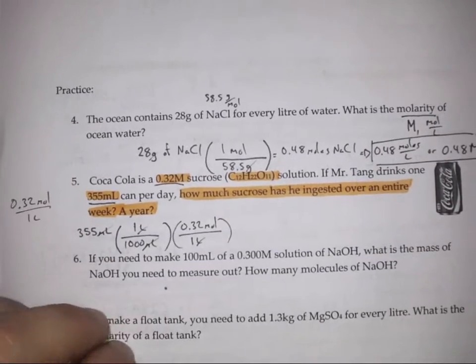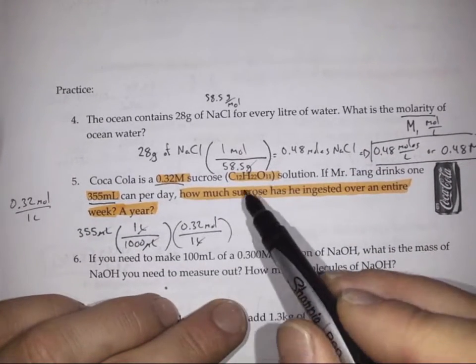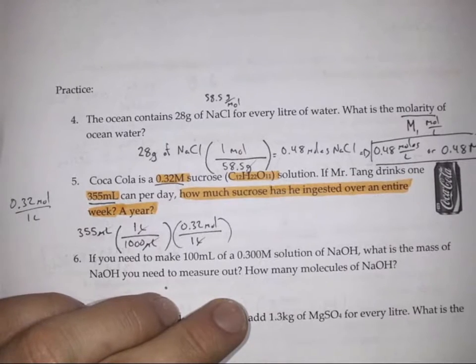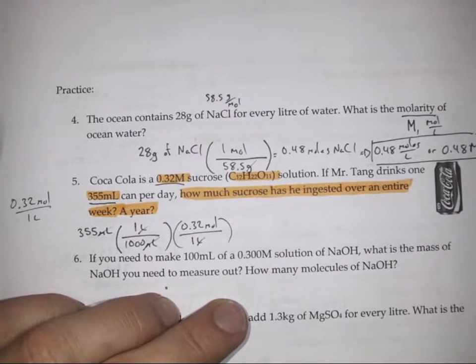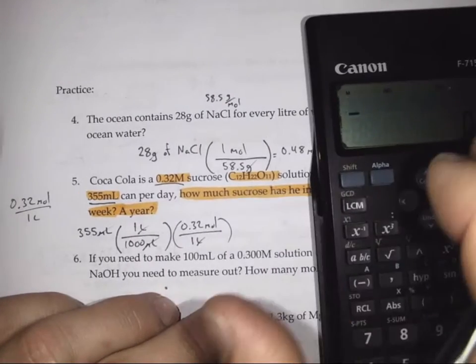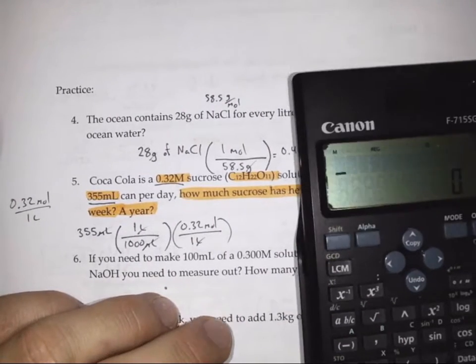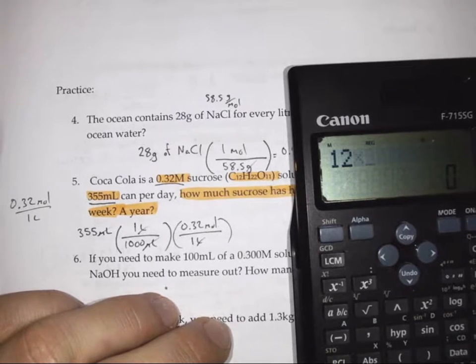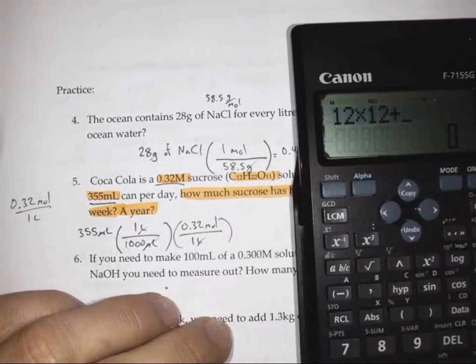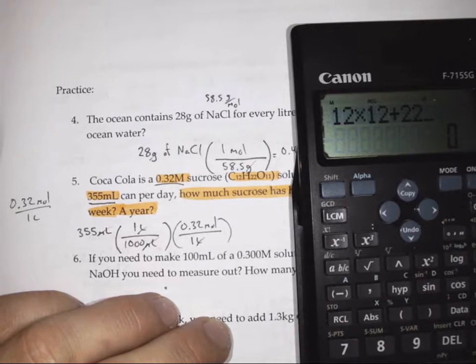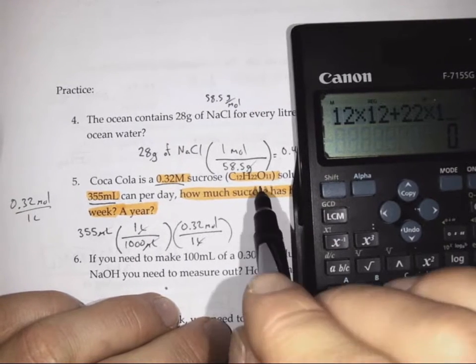So to do this, we need to find the molar mass of sucrose, which is a little heavy. I know carbon has 12 grams for every mole, and there are 12 of them, so that's 12 12s. I'm going to add 22 ones because I know the molar mass of hydrogen is 1.